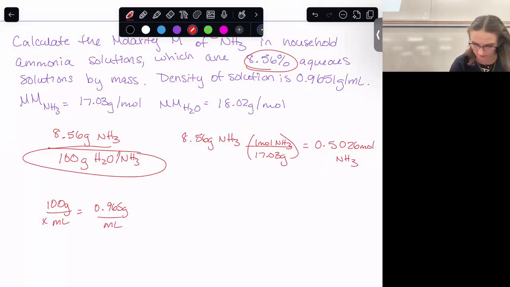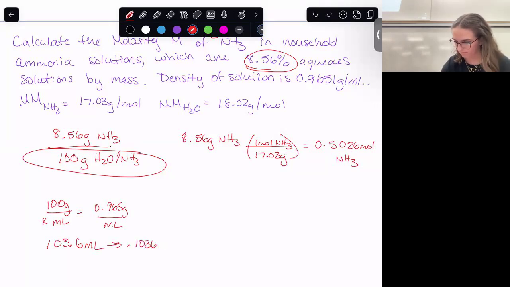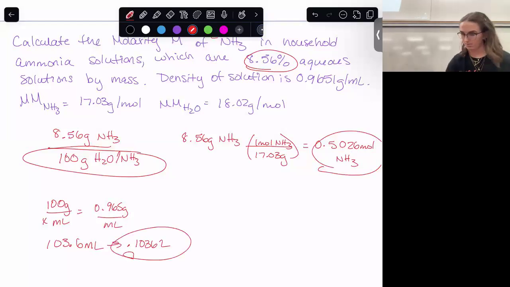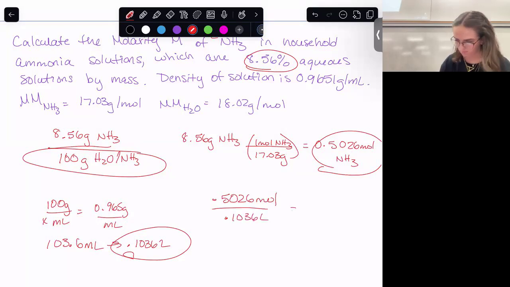So this will end up with 103.6 milliliters, which goes to 0.1036 liters. And then we can take our moles and our liters and get our molarity. 4.85.